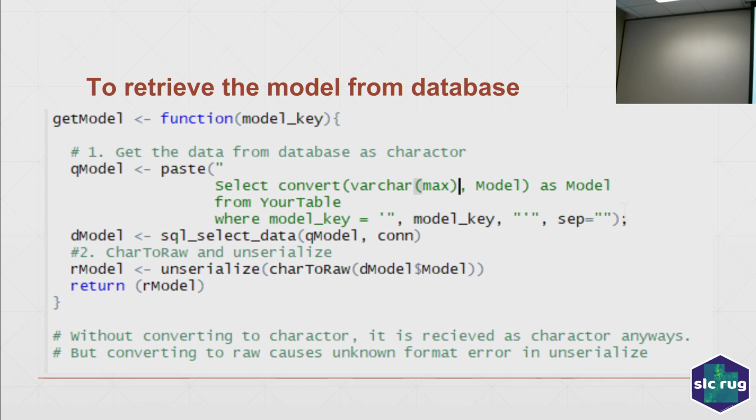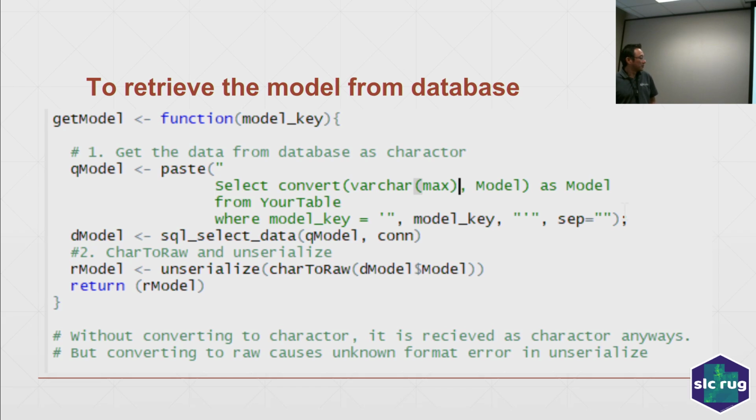You convert that to character, so you get the character in this data frame, and your data frame column is the model. So this is the data frame, and this is the model character. Then you convert it from character to raw, and then unserialize, and you've got your favorite model object in R. So once you get this, you can use your model function as usual.